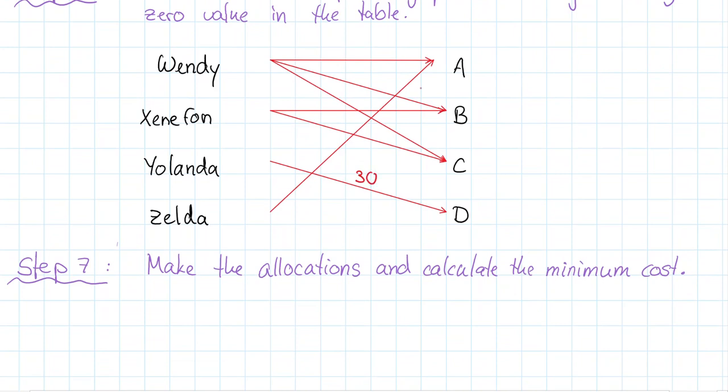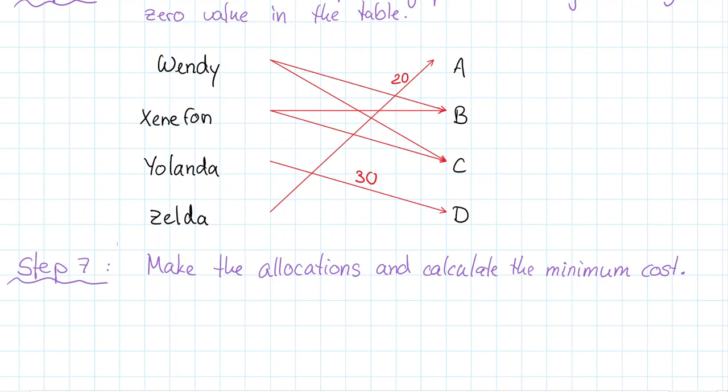And Zelda goes to A, and there's no other option. That's 20 minutes. Okay, but if Zelda goes to A, nobody else has to go there. So we can delete this if we want. And now we have 2 people, Wendy and Xenophon, and they can both operate B and C.